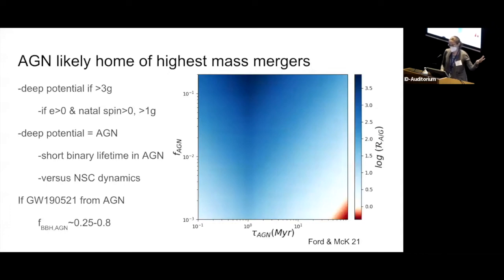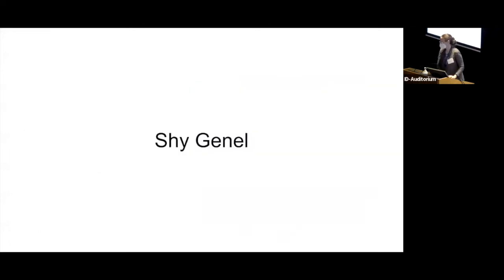The red regions of parameter space are where the bare nuclear star clusters might win. So it's only for very, very long-lived AGN disks. And if you accept that 190521 was from an AGN, then somewhere between 25 and 80% of all of the LIGO mergers are actually coming from AGN. That's me. Thank you very much.